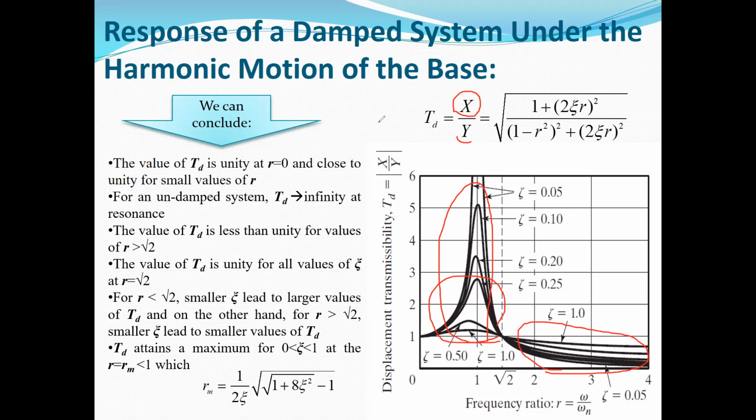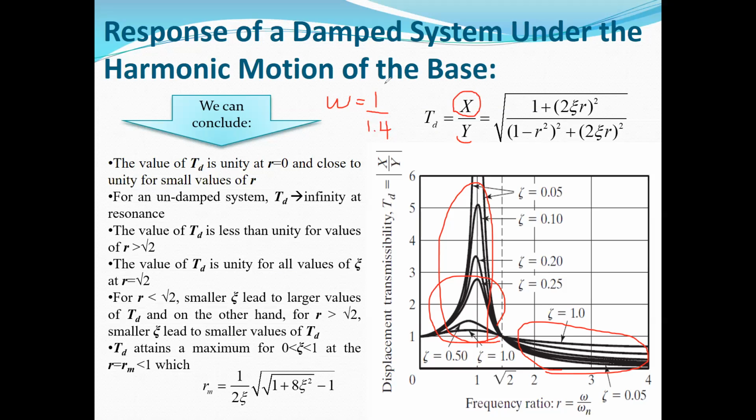So if we assume that, for example, the frequency of the ocean waves is 1 radian per second, we should try to design a system with natural frequency more than 1 divided by 1.4.